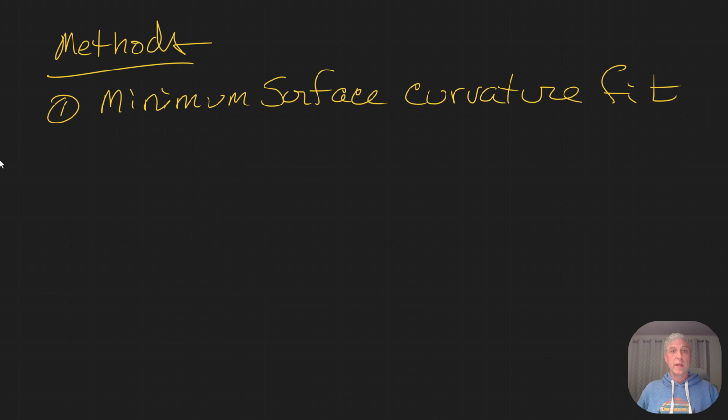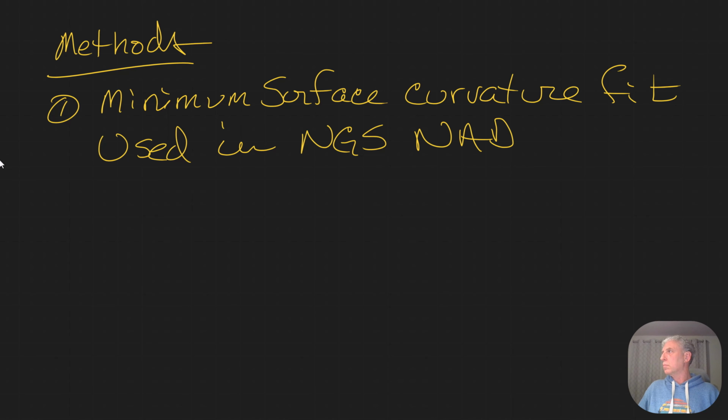So we have to go to the ellipsoid and consider the ellipsoid parameters while we're trying to fit all that data into a workable mathematical surface. And this is what's used in NADCON, the NGS conversion tool for coordinates. So NGS NADCON software.